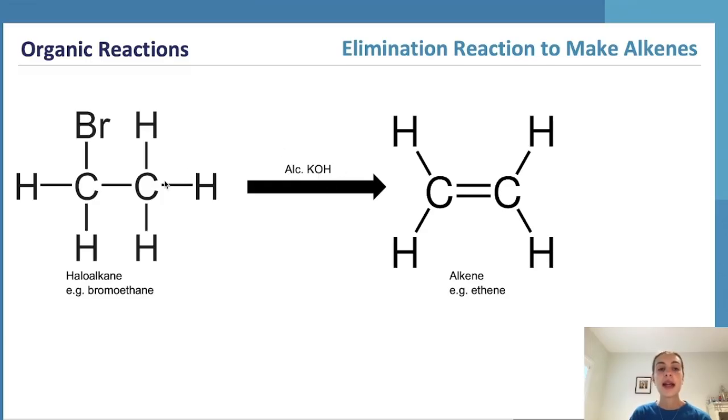And so by adding haloalkanes such as bromoethane to potassium hydroxide in alcohol, we can form ethene by removing the halogen group from there and breaking the single bond, forming a double bond instead. And so that forms our byproducts of KBr, so potassium bromide, and some hydrogen atoms.